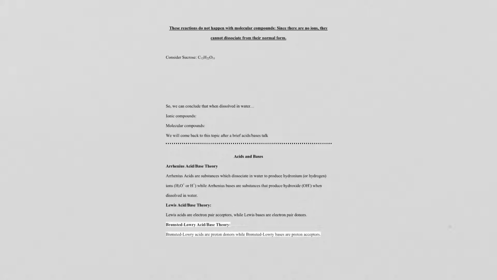So we're going to go on to molecular compounds. And I said you're going to notice a trend between ionic and molecular. Here it is. It turns out when we dissolve a molecular compound, and we're just going with sucrose at the moment, right? What do you think is going to happen? Right, so when we have those ionic compounds, remember they turn into ions, polar substance, because one is more positive and one is more negative, right?